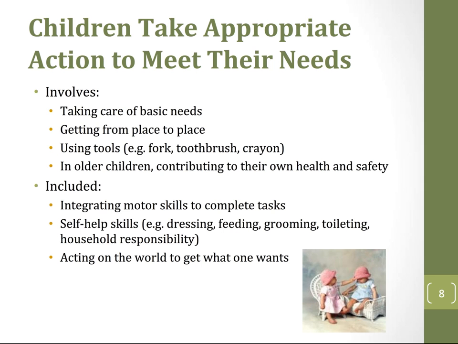They use objects such as forks, sticks, pencils, crayons, clay, scissors, switches, and other devices as tools in appropriate ways. They're able to move from place to place to participate in everyday activities, play, and routine. They can seek help when necessary to assist them with basic care or other needs, and they're able to follow rules related to health and safety.